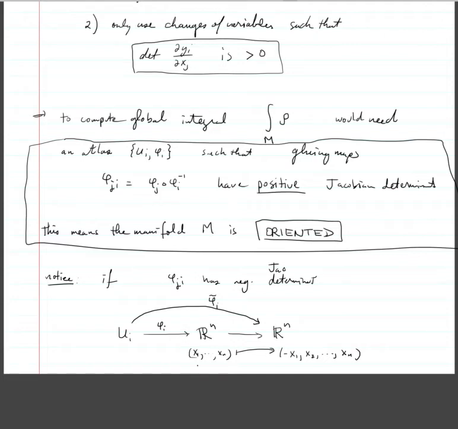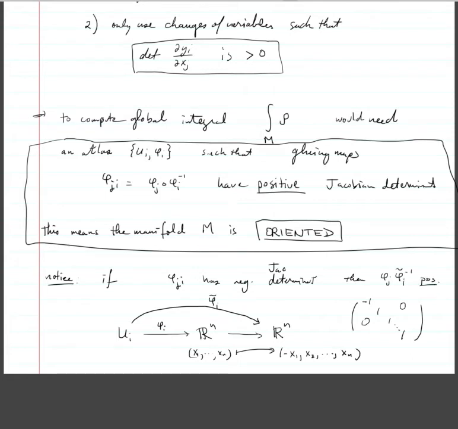Okay, so because of this fact, if I compute the Jacobian of this modification map, the Jacobian just looks like -1, 1, 1, all the way to 1. So the determinant of this part is -1. In other words, if this thing had negative Jacobian determinant, then phi j composed with phi tilde I inverse will have positive.